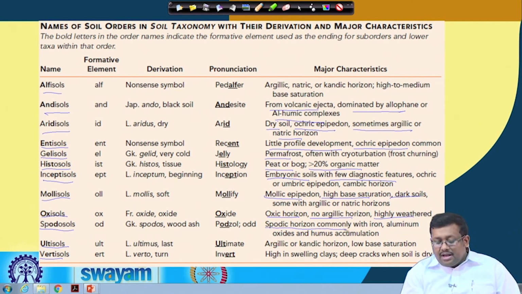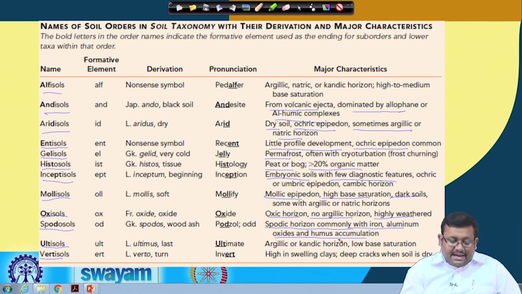Spodosols have a spodic horizon, commonly with iron and aluminum oxides and humus accumulation. In the spodic horizon, as you remember, there will be illuviation of iron and aluminum oxides and humic matter from the top of the profile to the bottom of the profile.